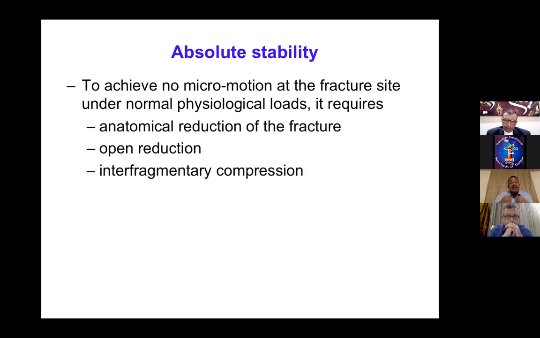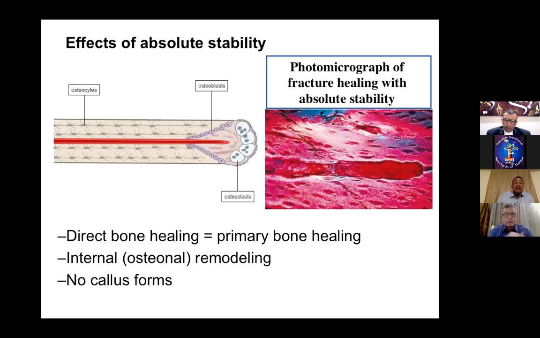So it requires open reduction and putting the fracture under interfragmentary compression. What is the effect of absolute stability? We put the fracture under conditions similar to what we achieved in our process of callus formation.